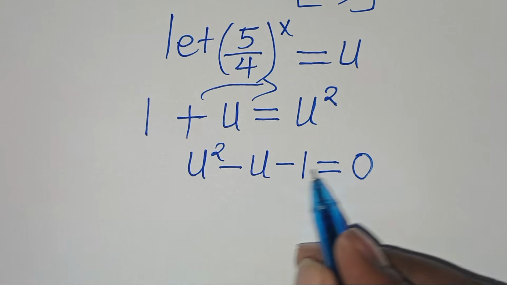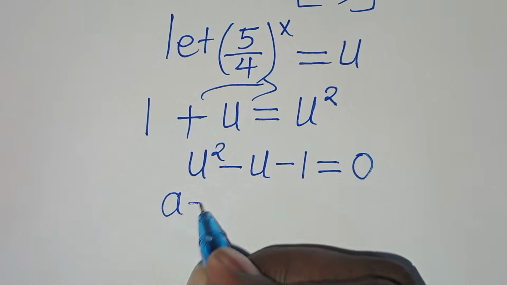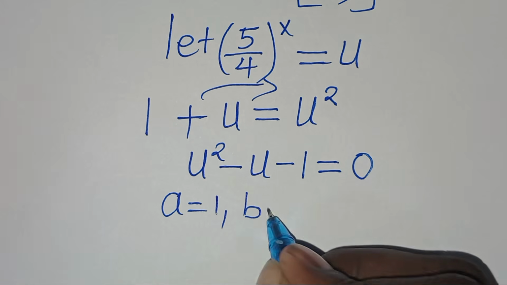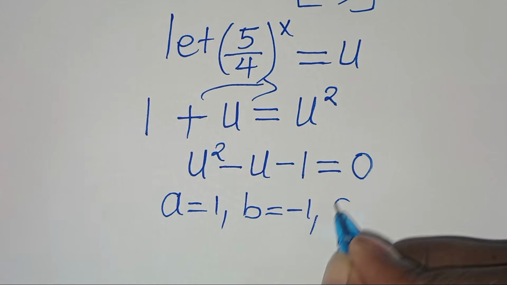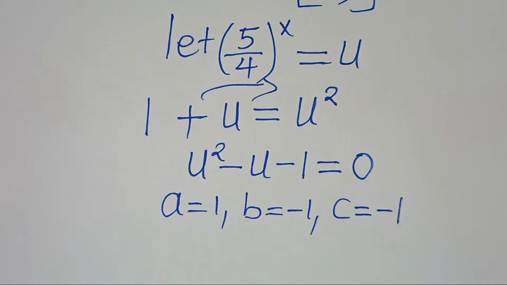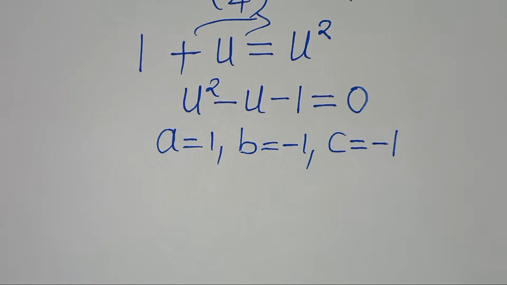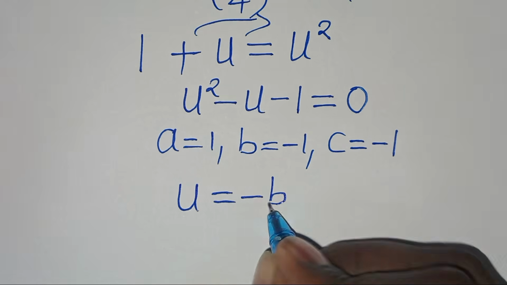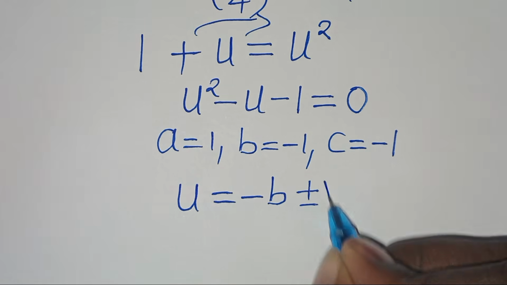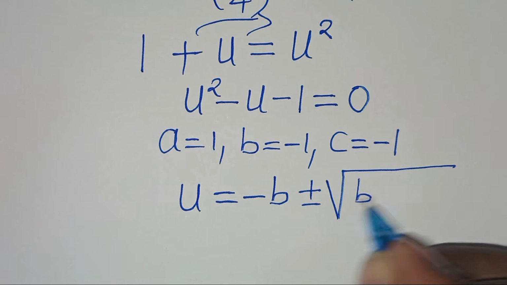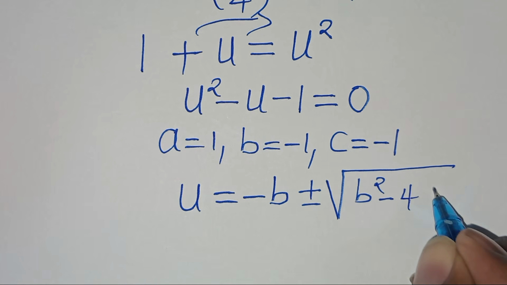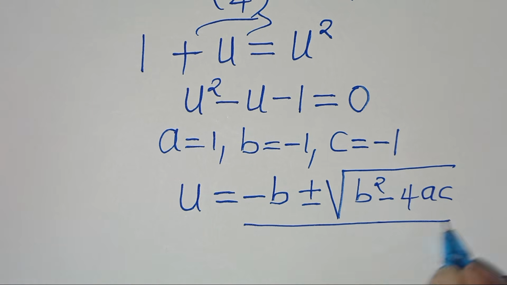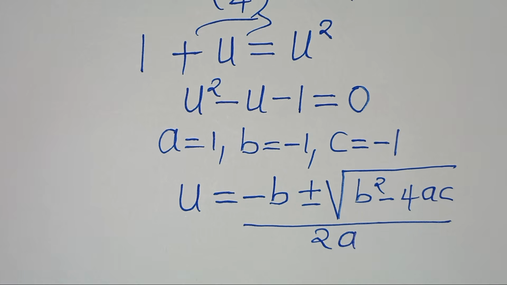So this is a quadratic equation where we have a is equal to 1, b is equal to negative 1, and c is equal to negative 1. So we can solve for u by applying the quadratic formula, which is negative b plus or minus the square root of b squared minus 4ac divided by 2 times a.